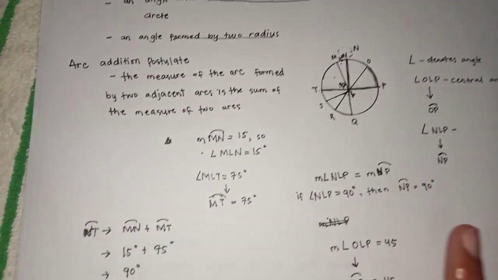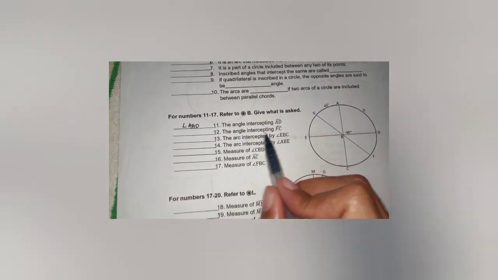This is the long quiz of my students. Refer to the circle B. The angle intercepting AD. So we need to find the angle. The angle intercepting AD is angle ABD. Next, the angle intercepting FC is angle FBC.